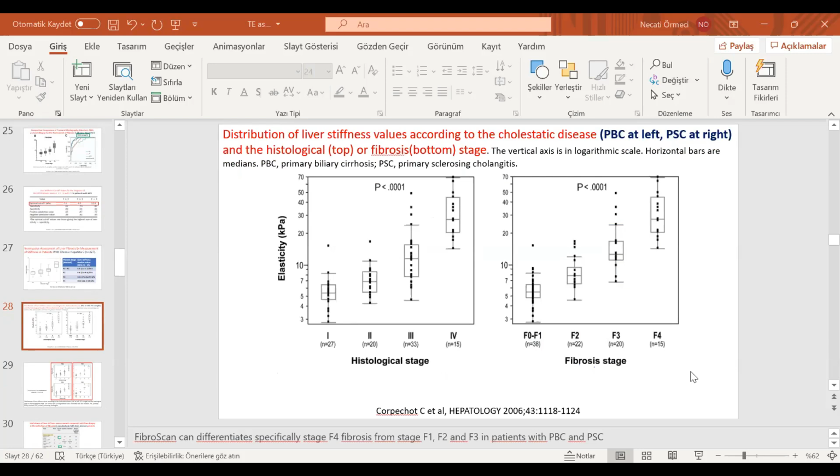If you look at the cholestasis cases, the combination of primary biliary cholangitis and primary sclerosing cholangitis, it's easy to differentiate F4 fibrosis from the other F1, 2, and 3 fibrosis cases, both by histological stage and fibrosis stage.